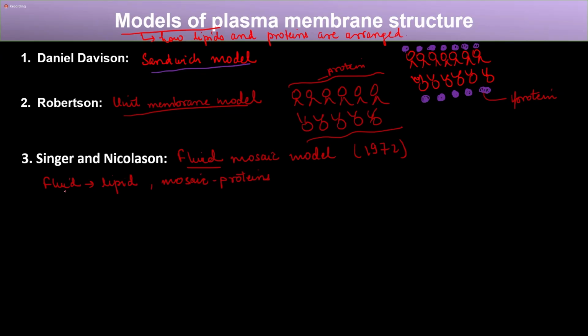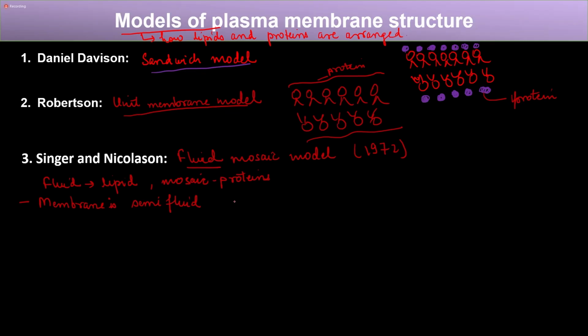So what did Singer and Nicolson say? They said that the plasma membrane is semi-fluid in nature. Why is it semi-fluid? Because of the presence of the lipid moiety.